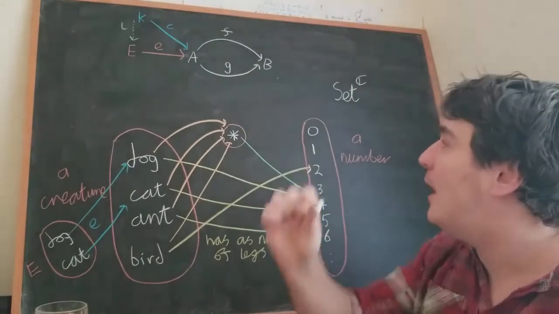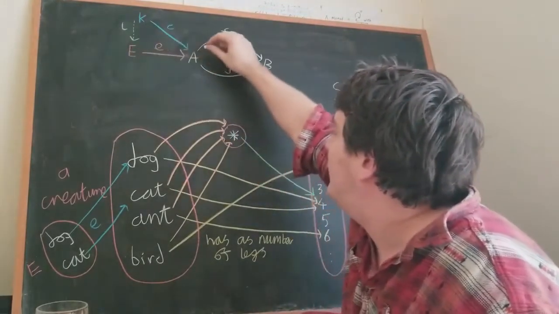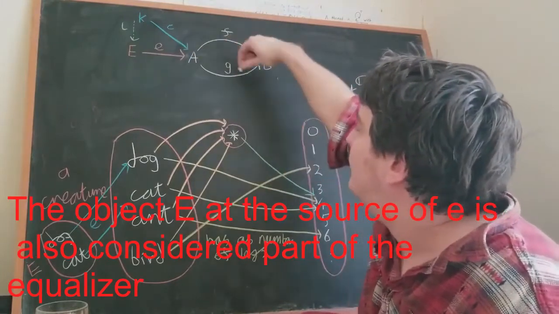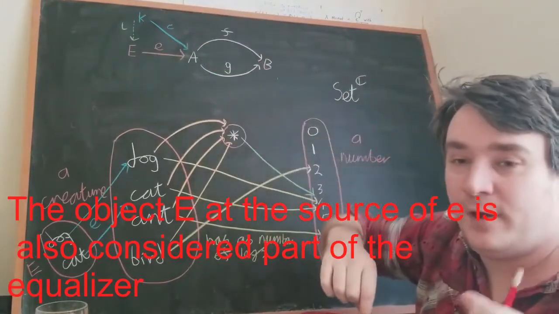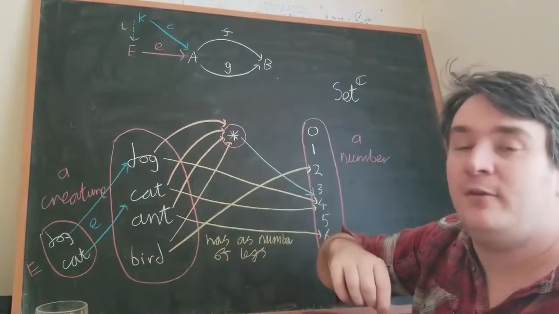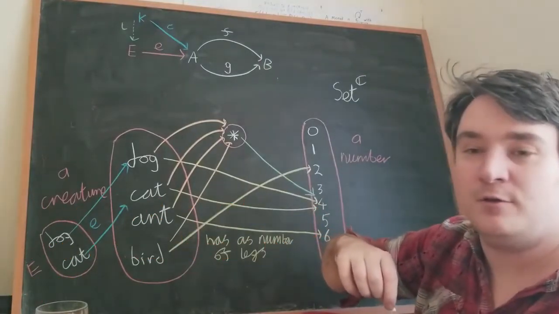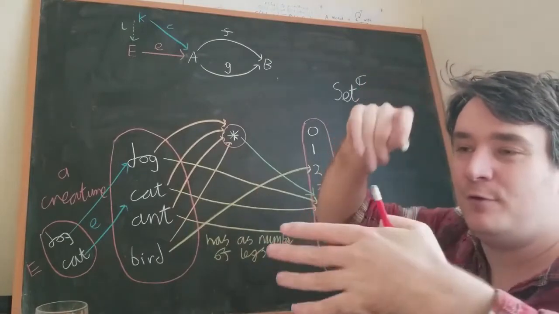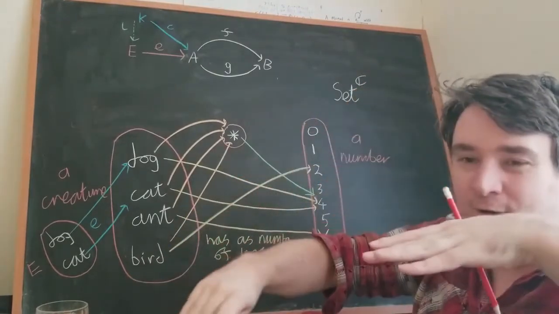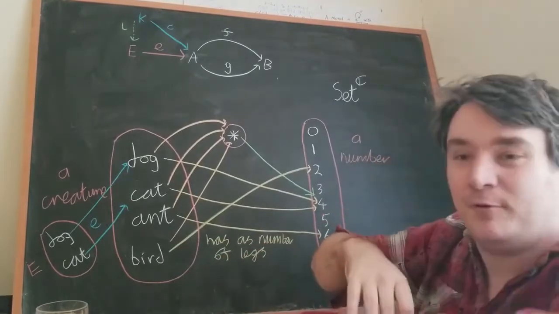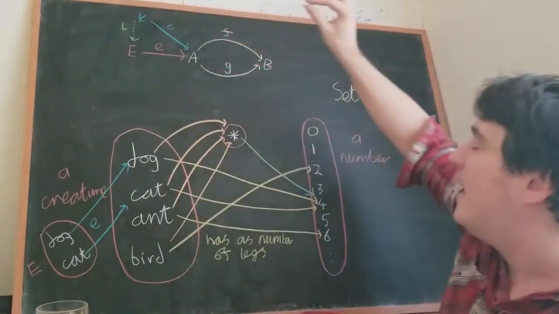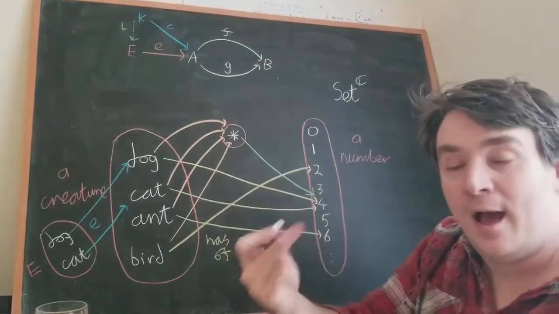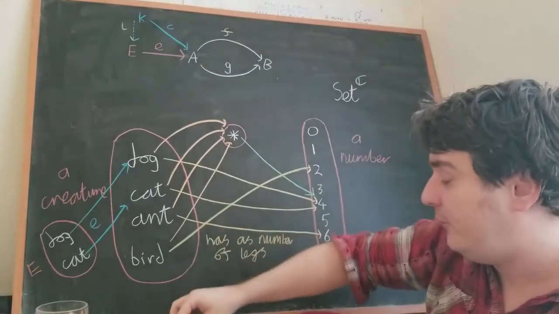We say an equalizer is an arrow into A such that F after E equals G after E, and it's the best one for the job in the sense that for any other arrow that can do that, there's a unique intermediary arrow which allows us to mimic the effect of that phony pretender candidate arrow. Okay, so that's the basic definition of it.